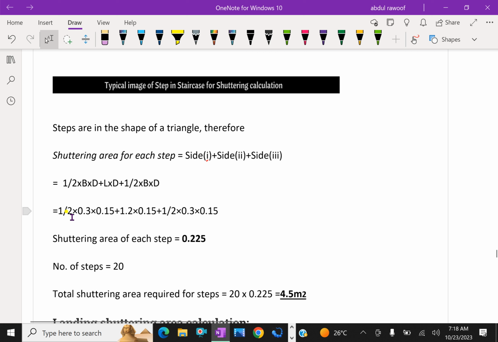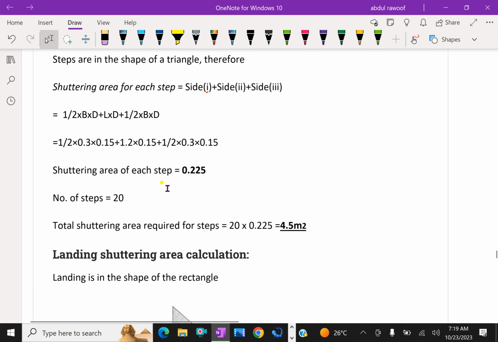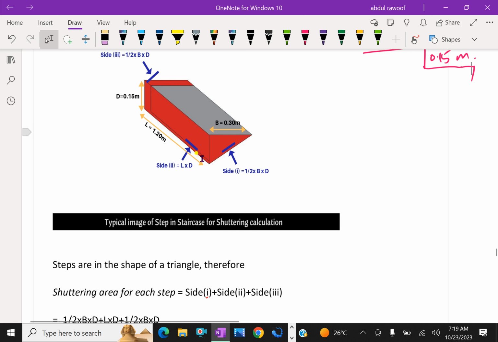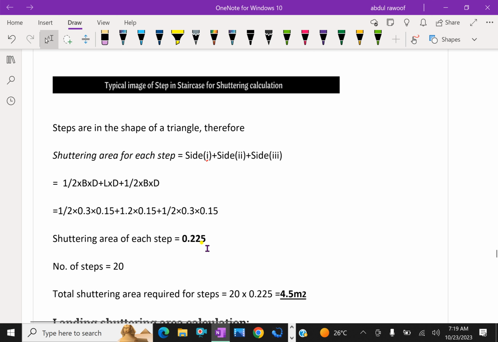Now, therefore, half into 0.3 into 0.15 plus half into 0.15 into 0.3, 2 triangles, and 1 base. So we have shuttering area of each step as 0.225.